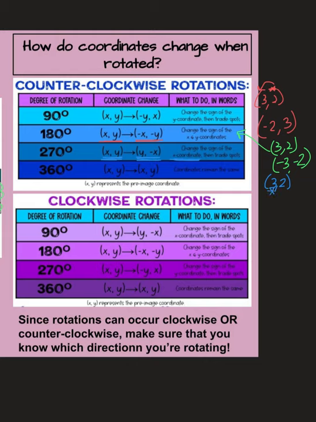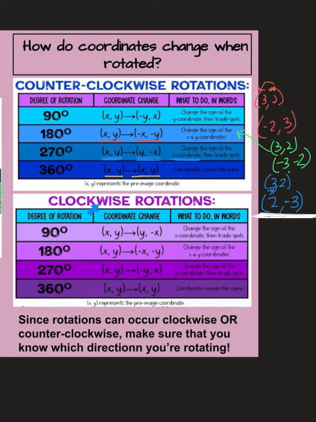So the x is going to change, and I'm going to switch positions. So starting with that one, the 3 is going to become the opposite. I'm going to change its position and put the y first. So I switch them around. And then, of course, the 360, xy just stays as xy.